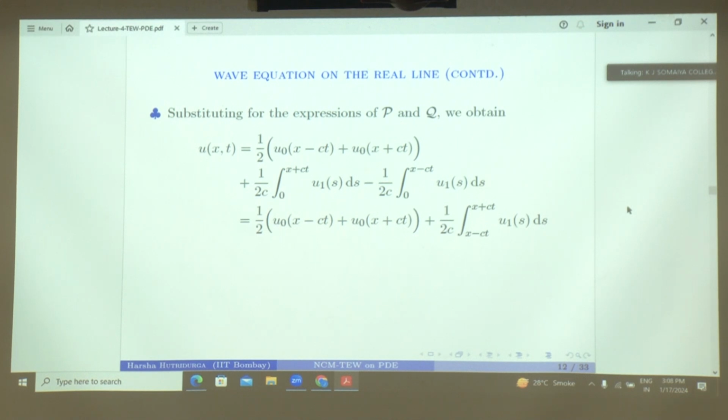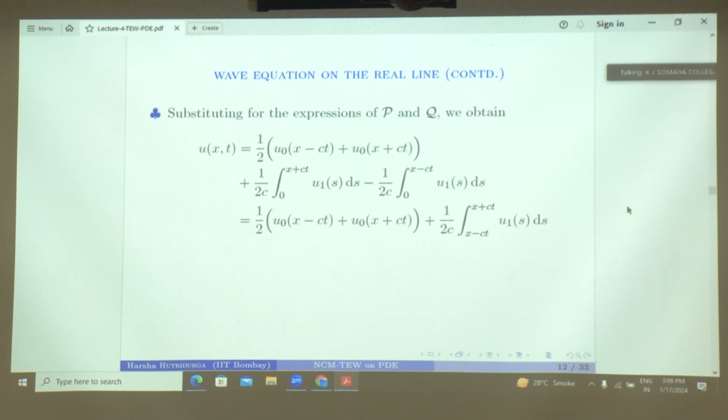Then D'Alembert says, u of x comma t is simply, you take the average of the values of u naught at 2 points, u naught of x minus ct, u naught of x plus ct. This is the first term. Then there is an integral term, 1/2 of integration from x minus ct to x plus ct of u1 of s ds.